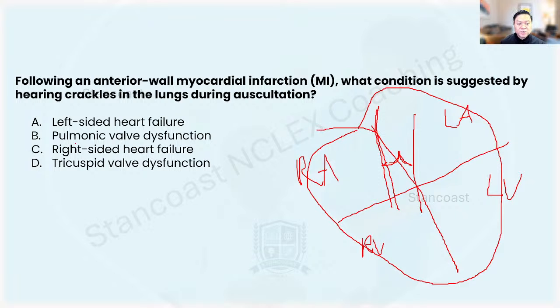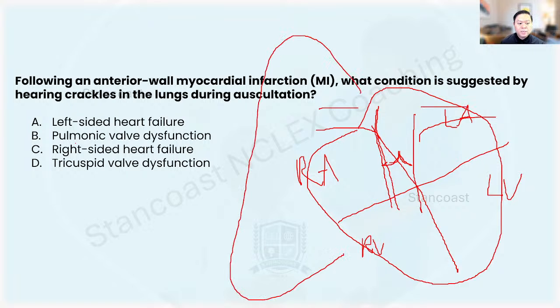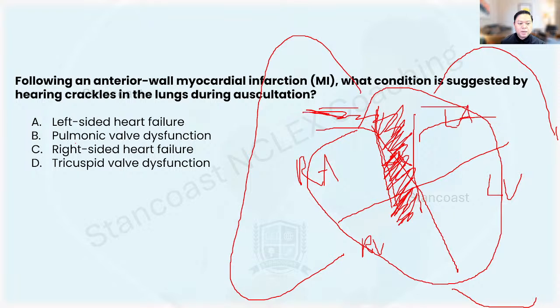It will branch off into the right side or into the left side. And eventually it will pass the blood into the pulmonary capillaries, right? So let me just highlight this one right here as our pulmonary artery branching off to the right and branching off to the left.